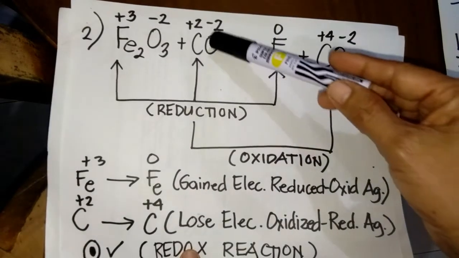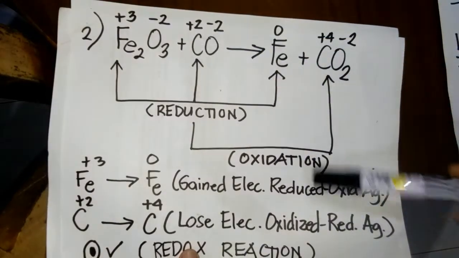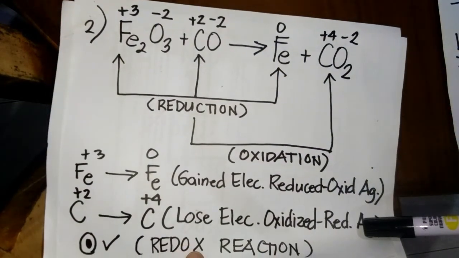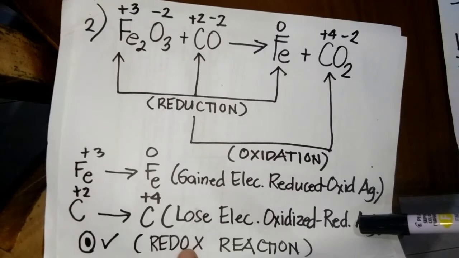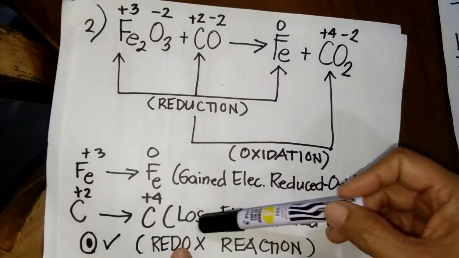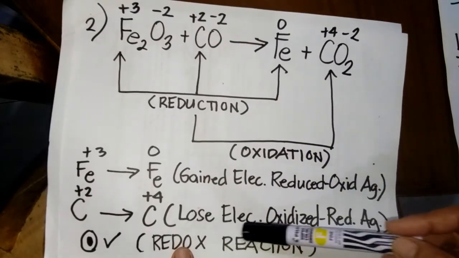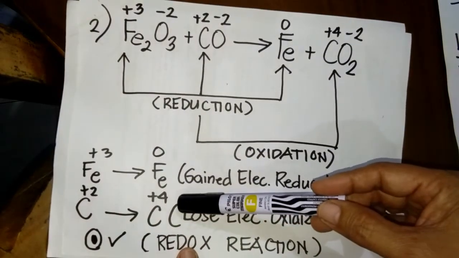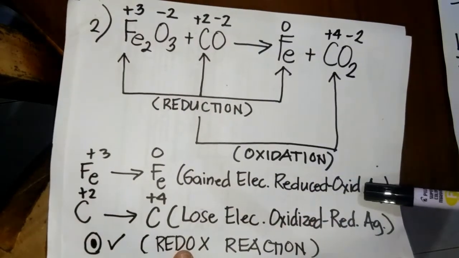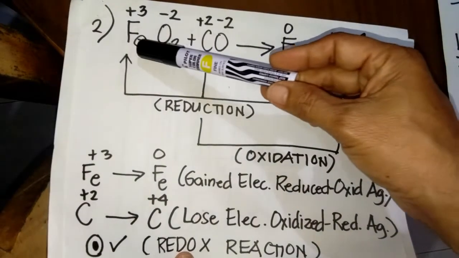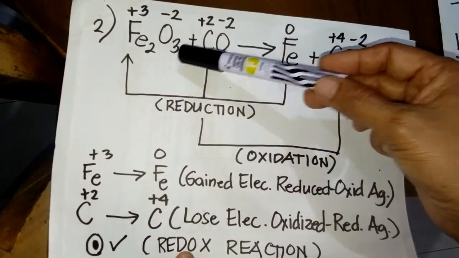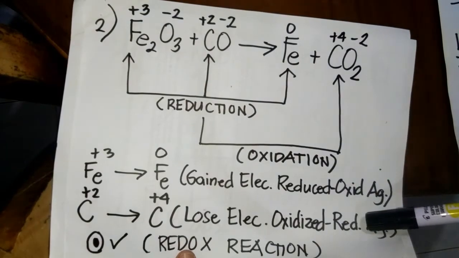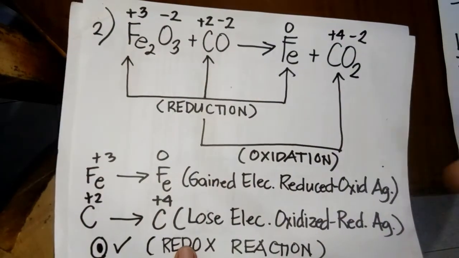Therefore, the carbon monoxide in the reactant side is our reducing agent. Okay, so this is a redox reaction. So, LEO, losing electron is oxidized, from positive 2 to positive 4. So, our oxidizing agent is iron, or the Fe2O3, while our reducing agent is the carbon monoxide.